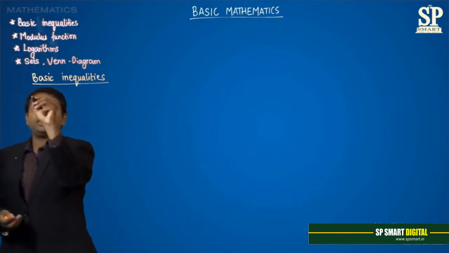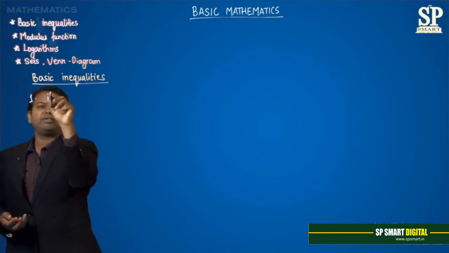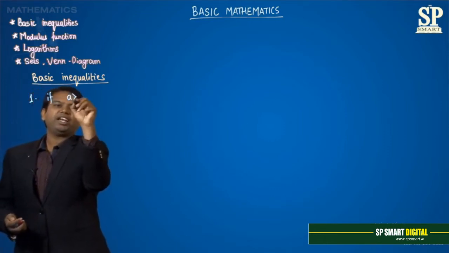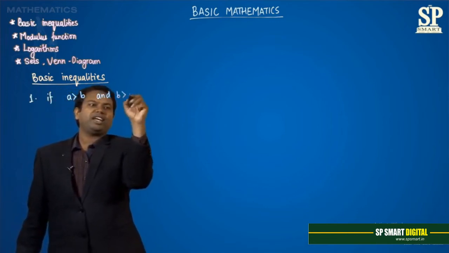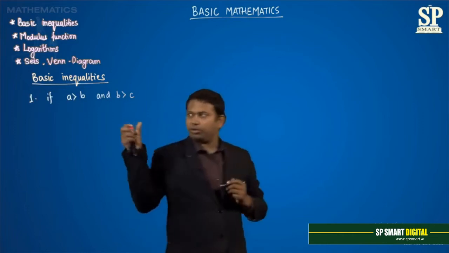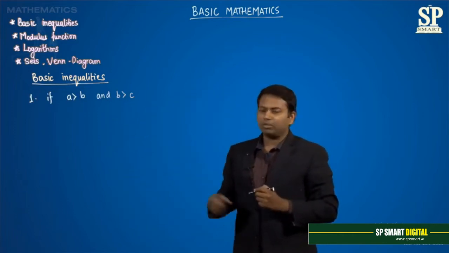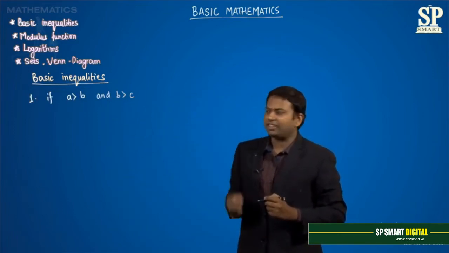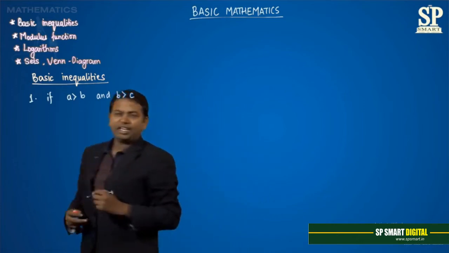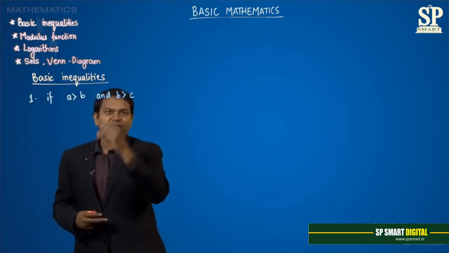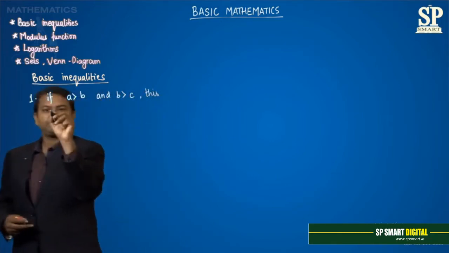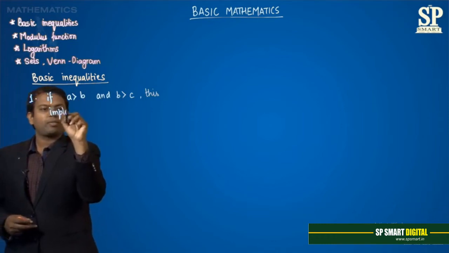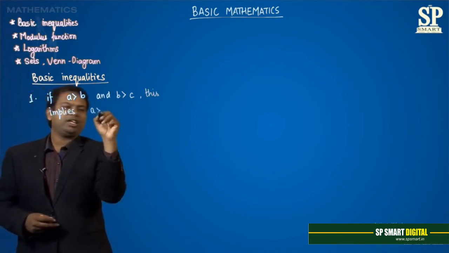So the first thing is, if A is greater than B and B is greater than C, so if A, B, C are 3 numbers such that A is greater than B and B is greater than C, then according to this first inequality, clearly we can write this implies A is greater than C.